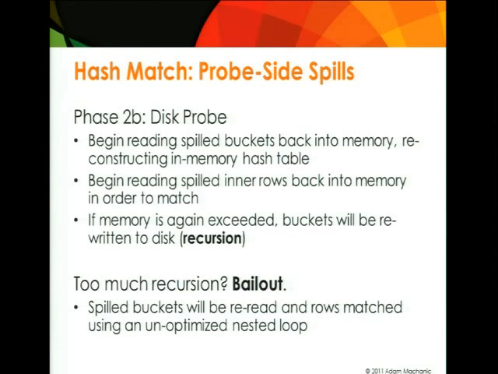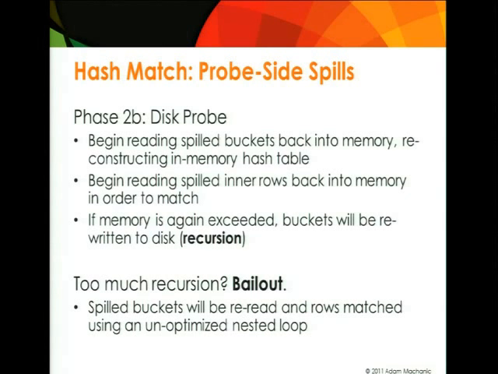And this is where that inner side memory grant requirement becomes important, because if the memory is exceeded again, the buckets will be rewritten back to disk, and over again this will occur. And as this happens, this is called recursion. Now obviously if this keeps happening, the plan is never going to finish.